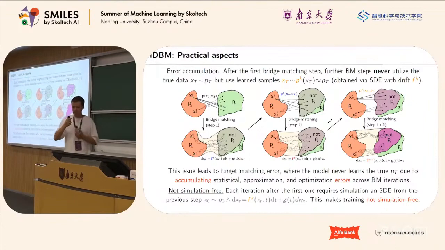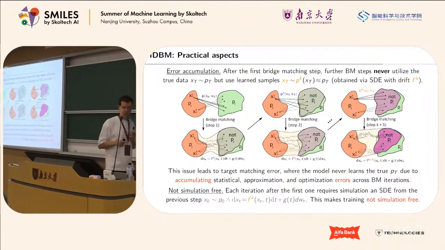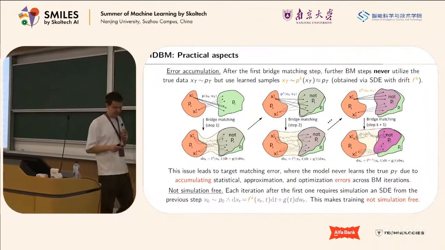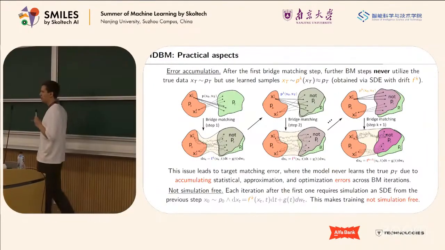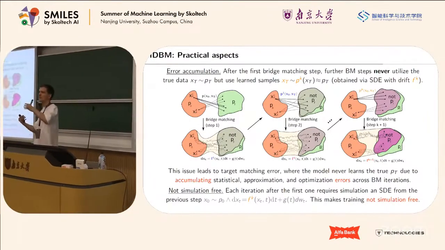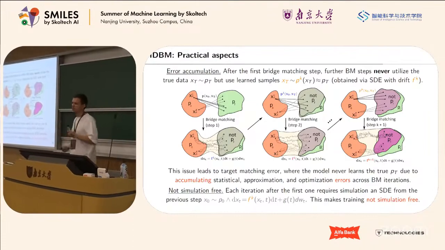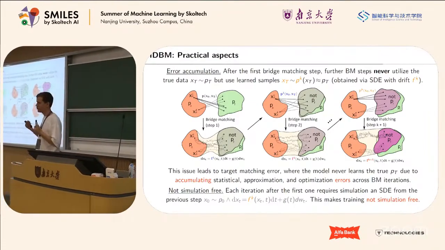But surprisingly, for diffusion bridges, there is an extension of this framework, which allows learning a two-sided framework, where you learn both a forward model and a backward model, which helps to alleviate this issue of error accumulation.